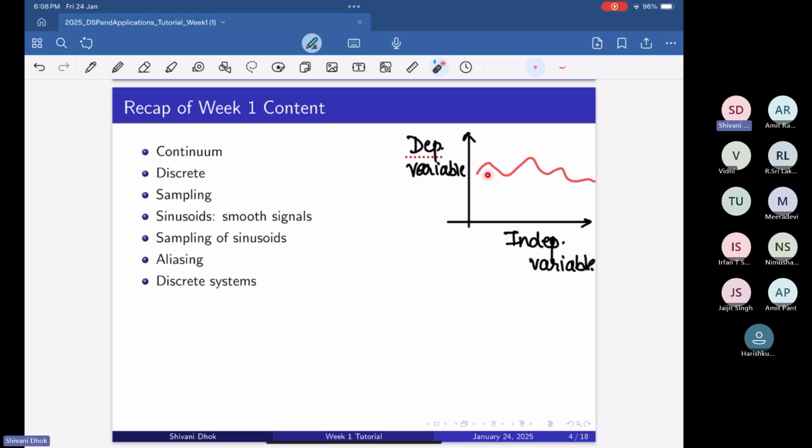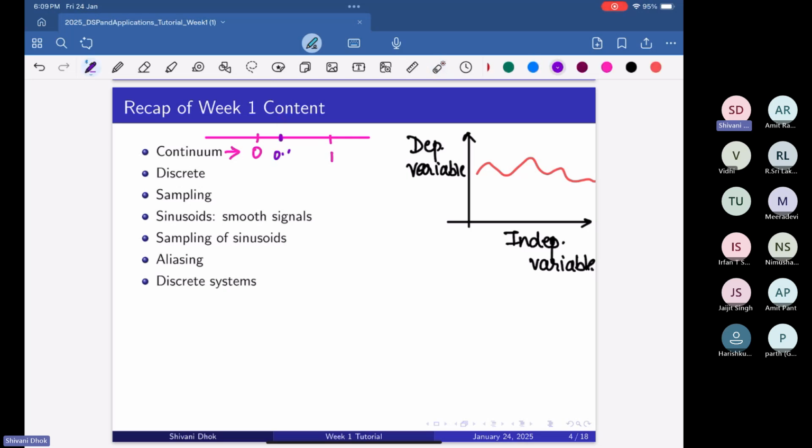Okay, so we have dependent and independent variables. These can be of two types. One is continuous and one is discrete. So what do we mean by continuous variables? By continuum, what we mean is, if I look at two values for this particular variable, let's say between 0 and 1, in between these two values I can find another value.